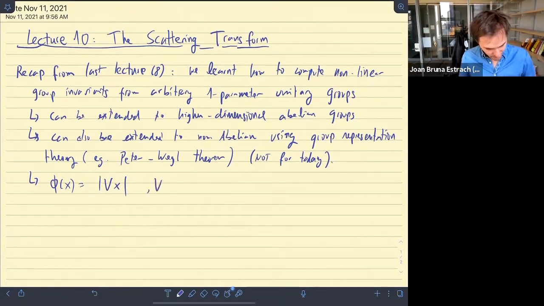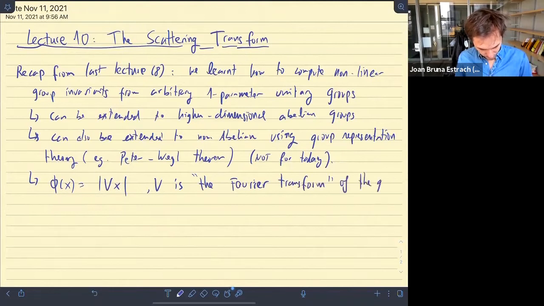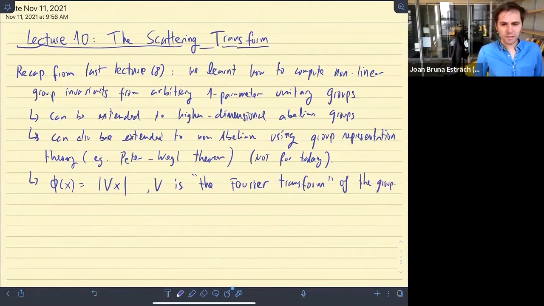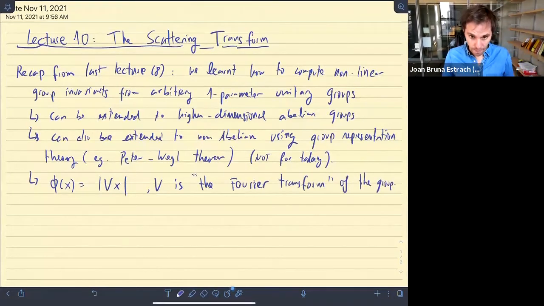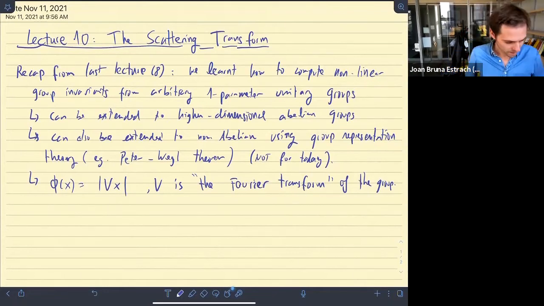Remember that V is what we can colloquially denote the Fourier transform of the group. And this analogy can be made completely concrete when you have the translation group in the domain. In that case, this matrix that we obtained through Stone's theorem was precisely the Fourier basis.